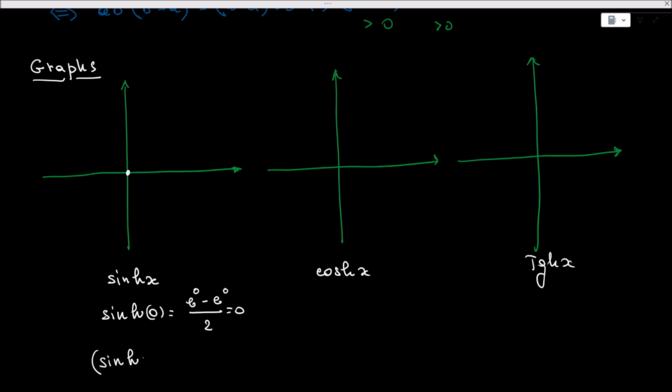Remember that the derivative of the hyperbolic sine is nothing else than the hyperbolic cosine, right? And the hyperbolic cosine at 0 is going to be 1, okay, because it is e to the 0 plus e to the 0 divided by 2, so clearly this is 1.